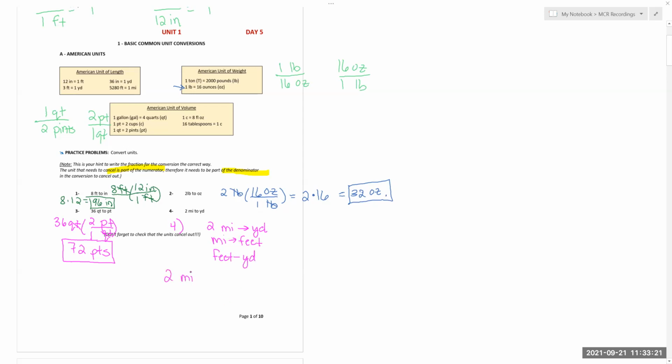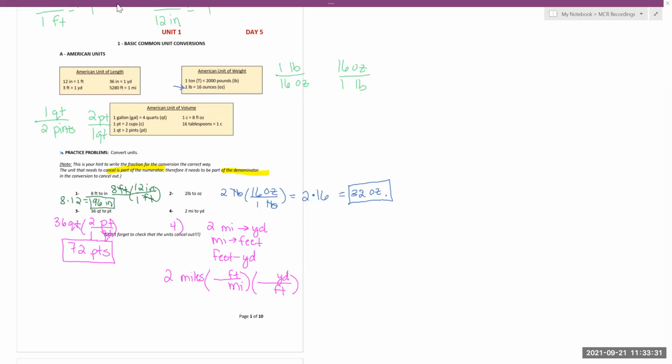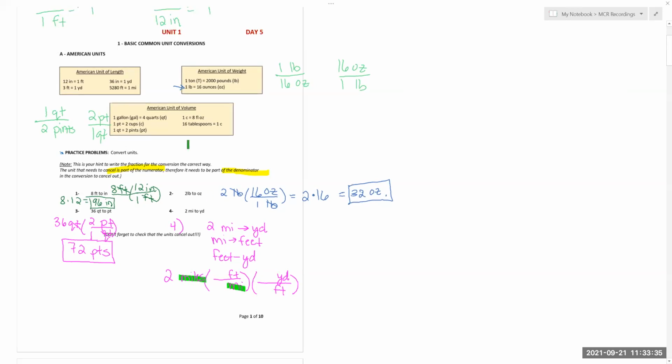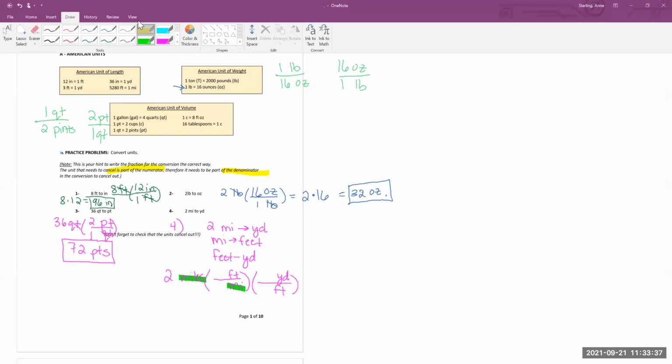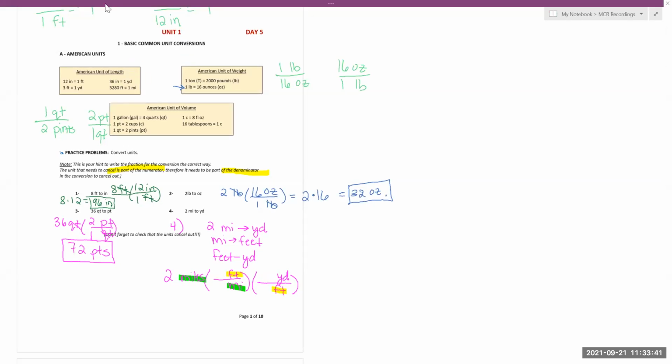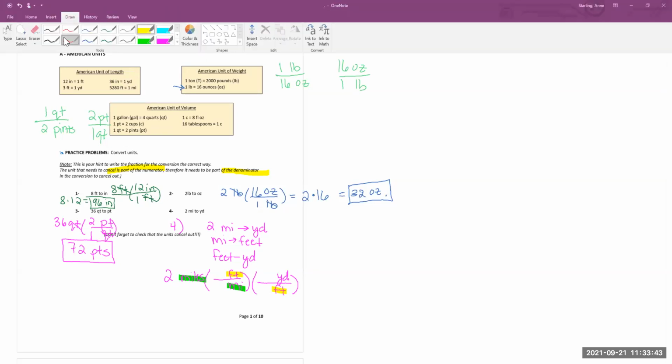So I have my 2 miles, and I want miles to feet, and then feet to yards. And what that'll end up doing is canceling my miles, canceling my feet, and leaving me with the yards. So let's see what that turns into.